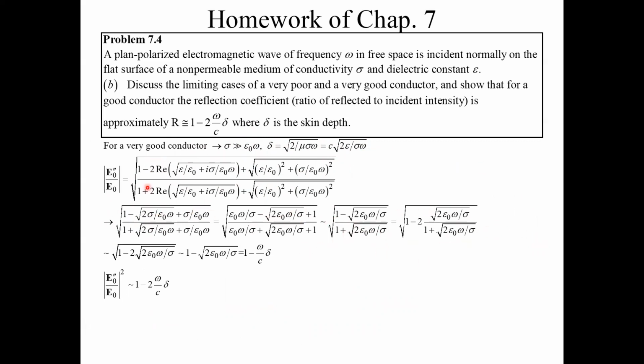After some sorting steps, we will get the answer like this, and R equals to this one squared. And after the squaring, and we neglect the delta square term, the skin depth square term, the answer will be like this. Okay, so this is for part B.